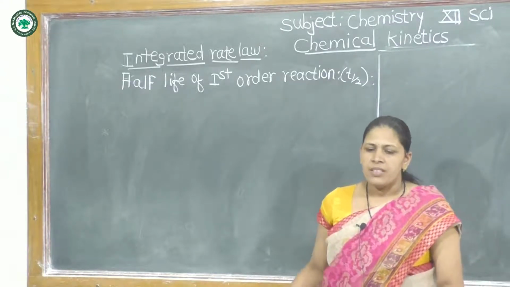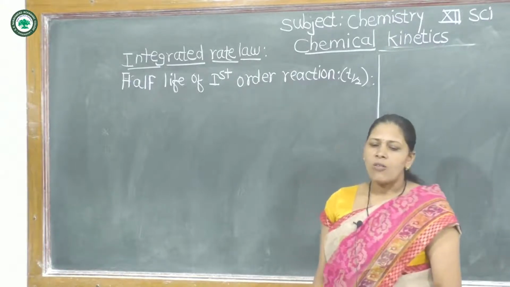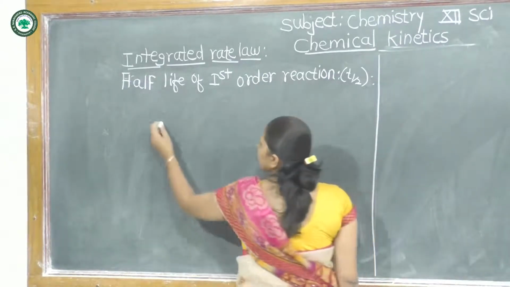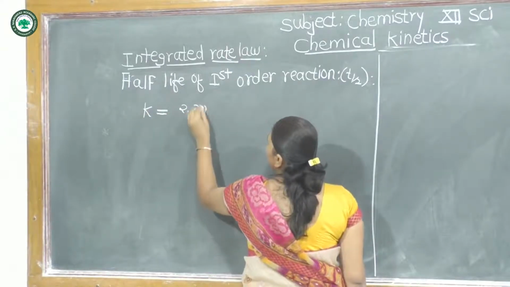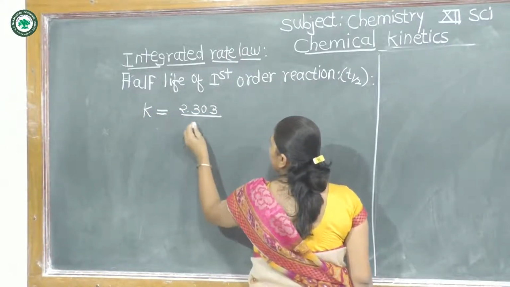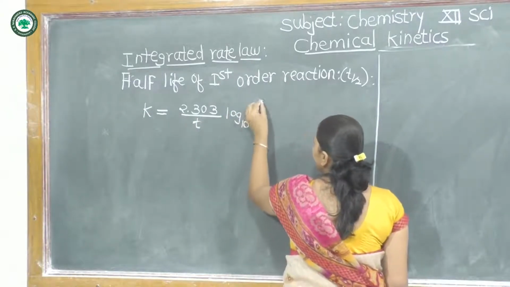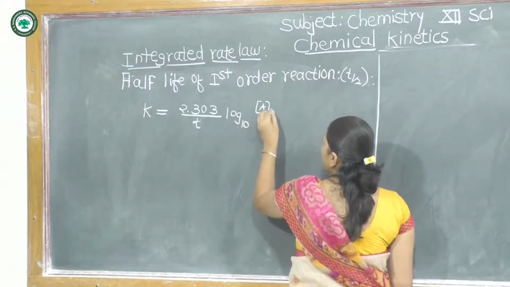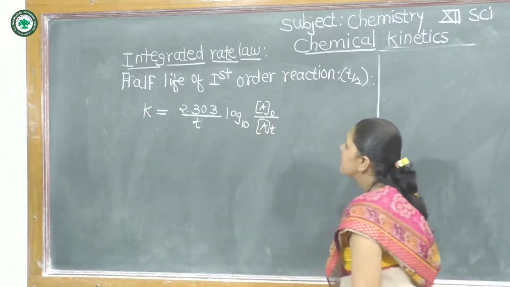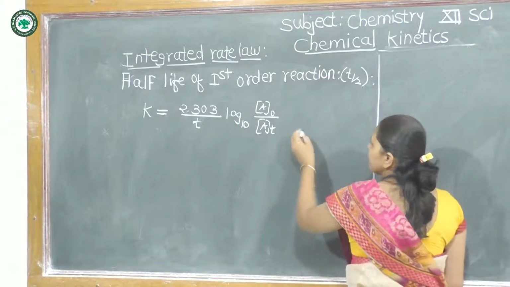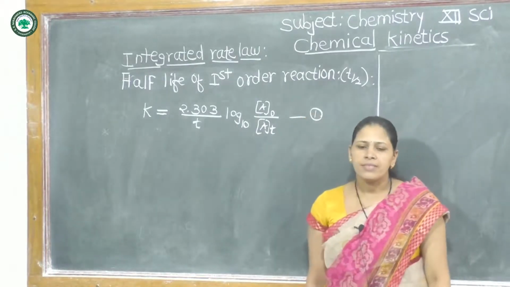We know that the integrated rate law for first order reaction is given by the equation k is equal to 2.303 divided by t log to the base 10 A0 upon At. This is equation number 1.